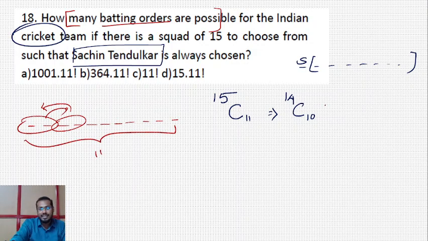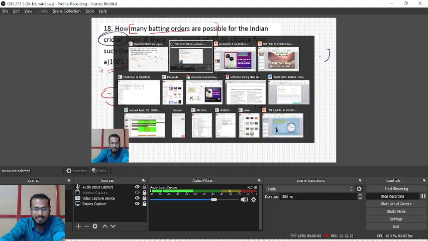So I can write 11P11. So the answer is 14C10 into 11P11. 14C10 is nothing but 14C4, into 11P11 is nothing but 11 factorial. 14C4 is nothing but 1001, and 11 factorial. So option A is the right answer.